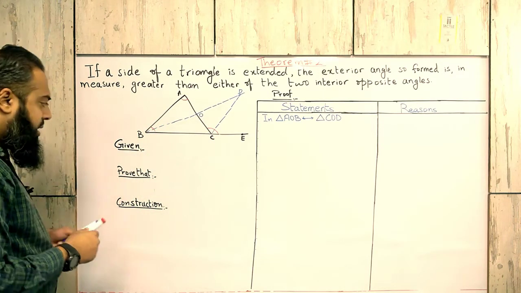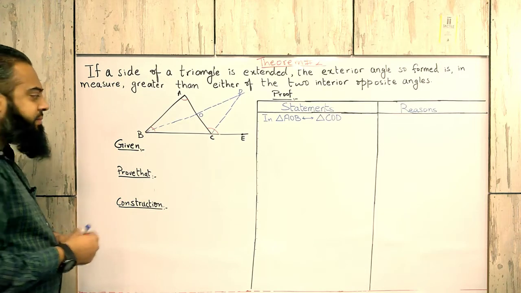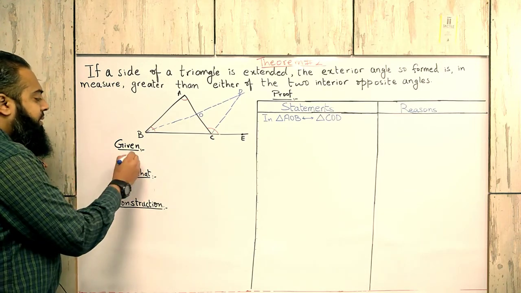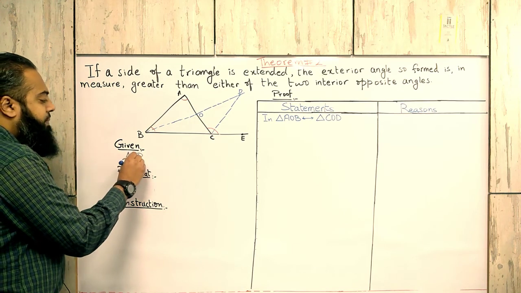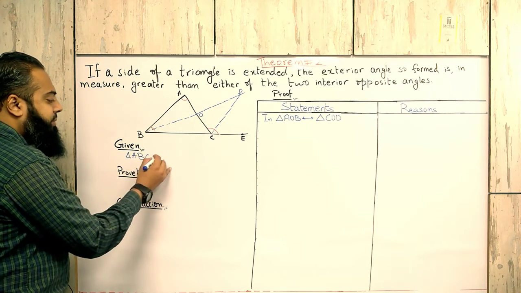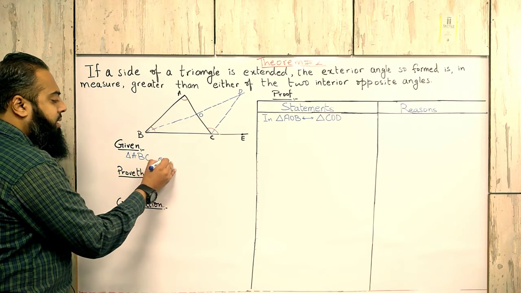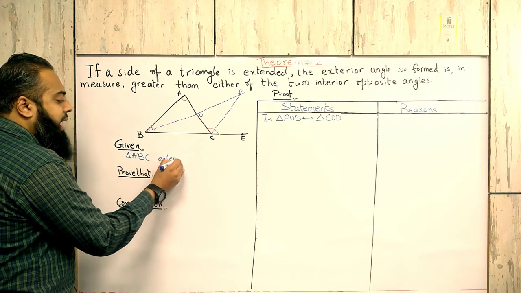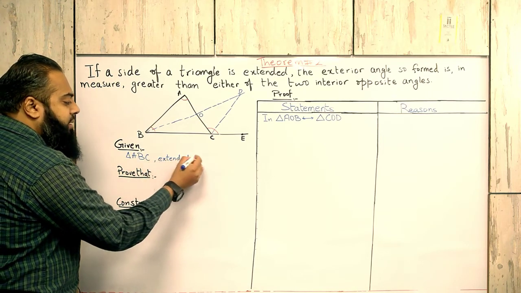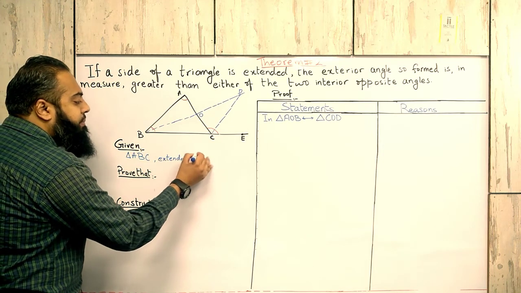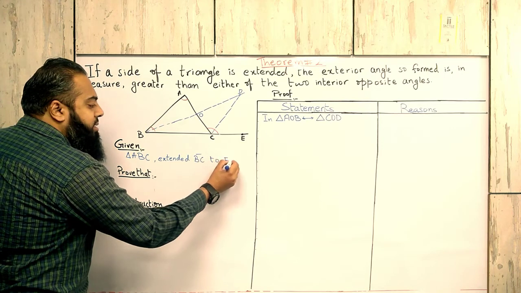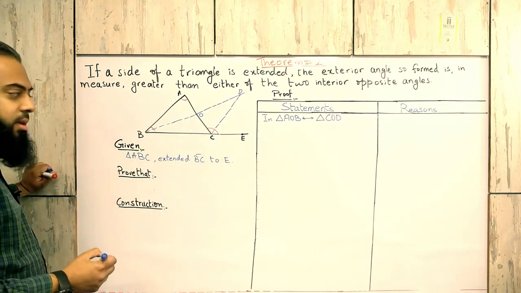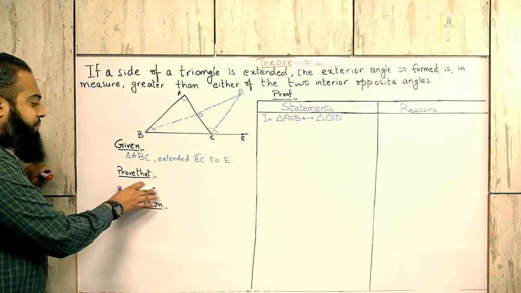So what we have given is a triangle ABC, extended line BC to point E. And what do we have to prove?